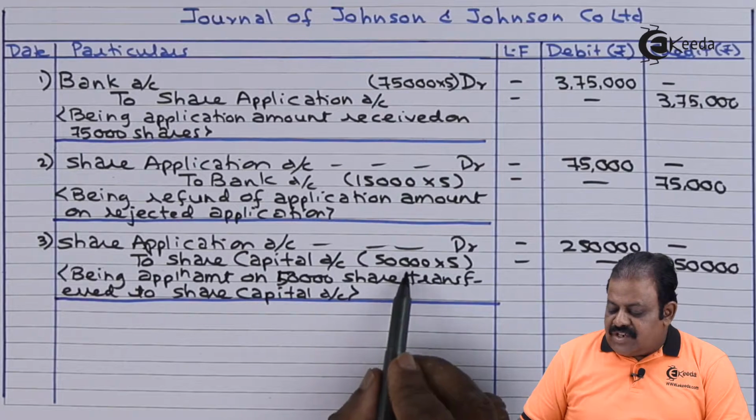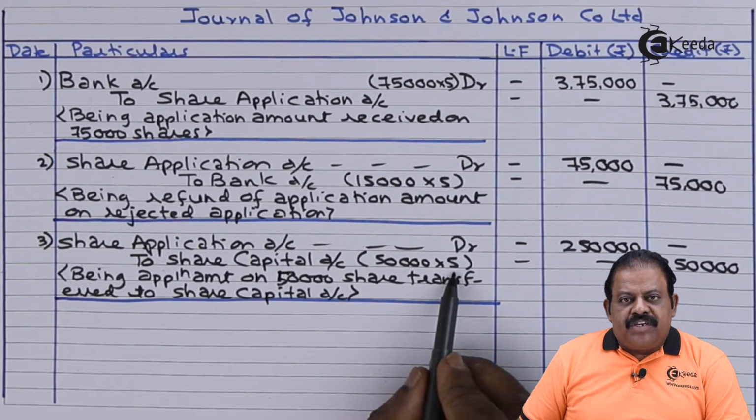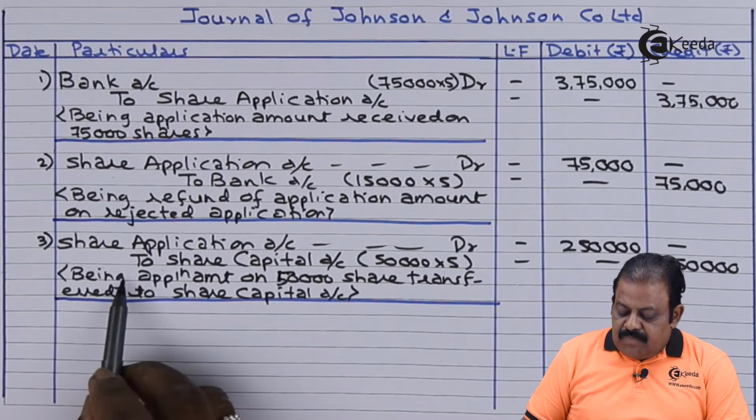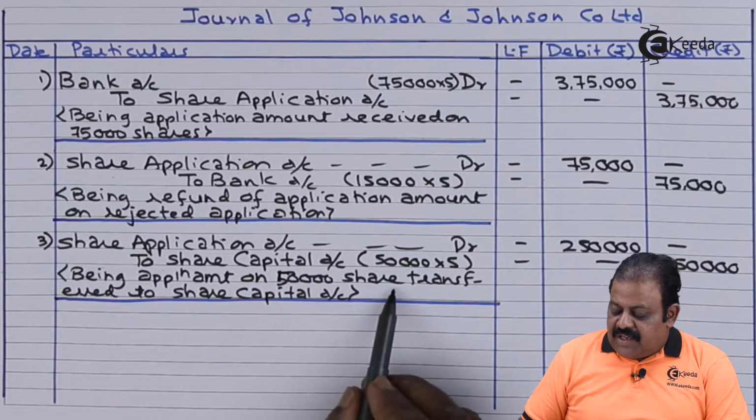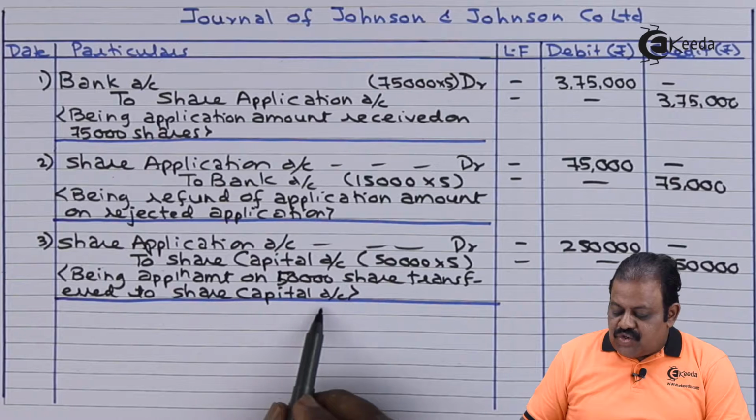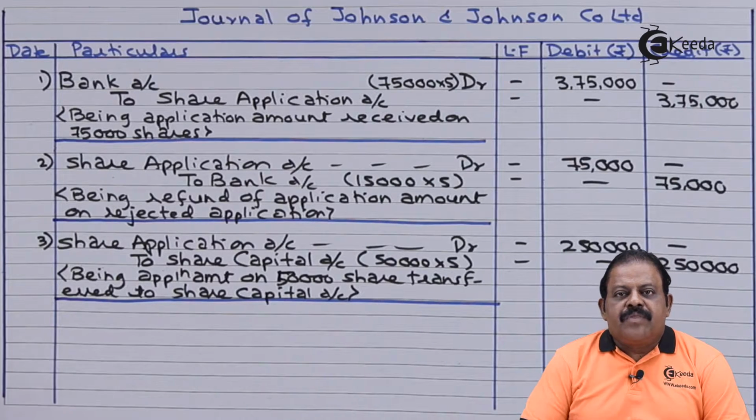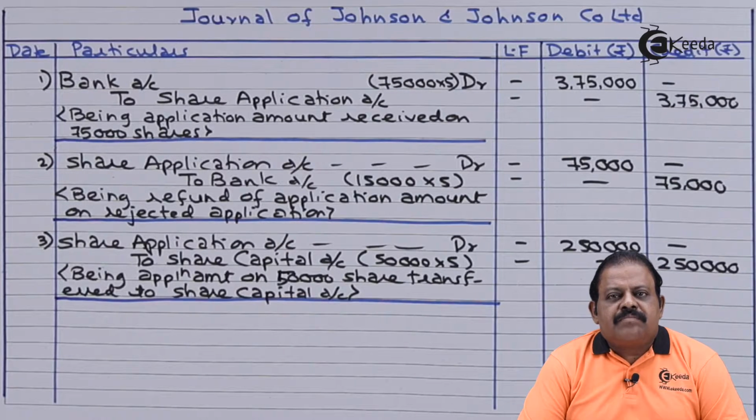On 50,000 shares, application amount 5 rupees per share will be transferred, being application amount on 50,000 shares transferred to share capital account. Here we have completed first stage, that is application stage. Company has made pro rata allotment to the applicants of 60,000 shares. So excess application money on those shares is not refunded.